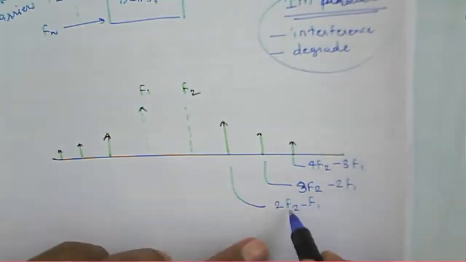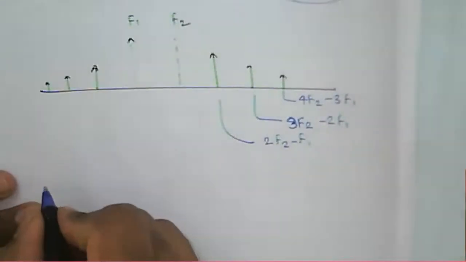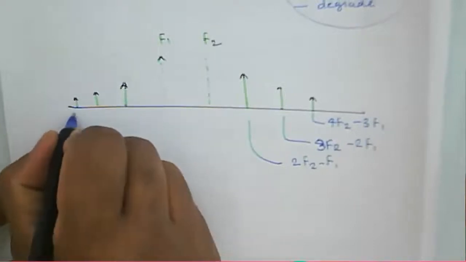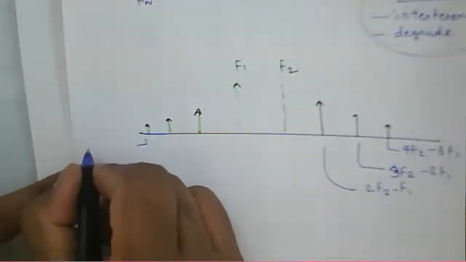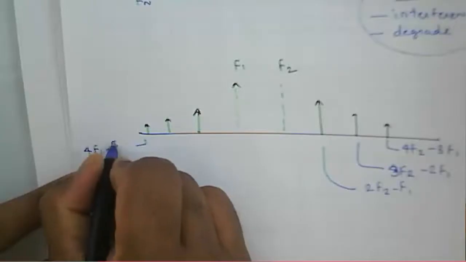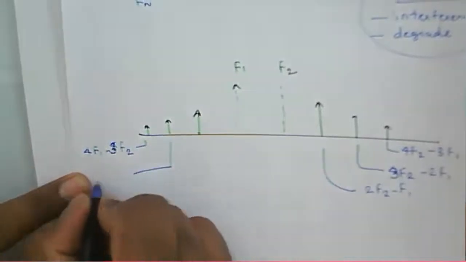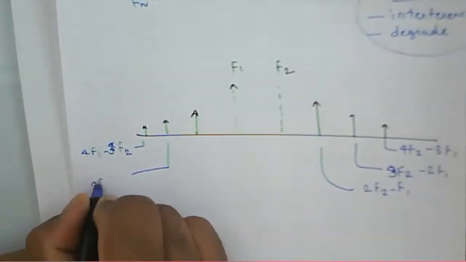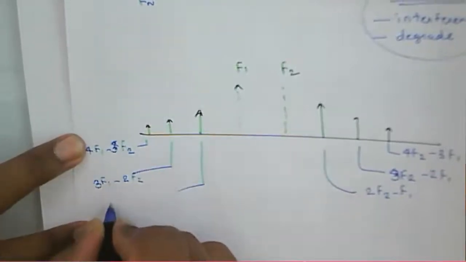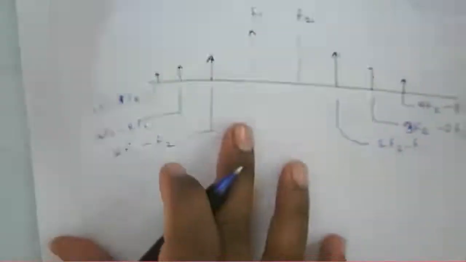Okay, likewise, similarly, we can write here 4F1 minus 3F2. This one 3F1 minus 2F2. This one 2F1 minus F2.